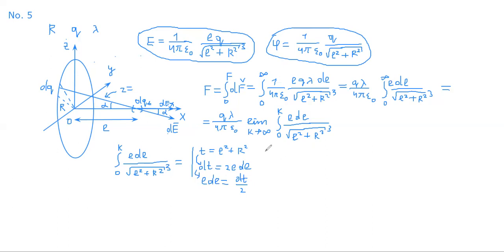And t of L equal to 0 will be R squared, and t of L equal to k will be k squared plus R squared.